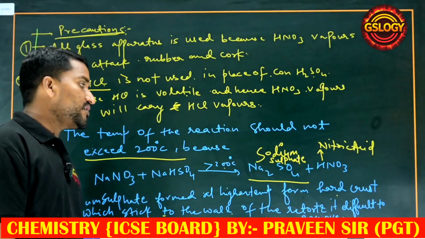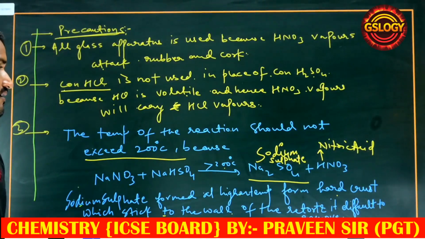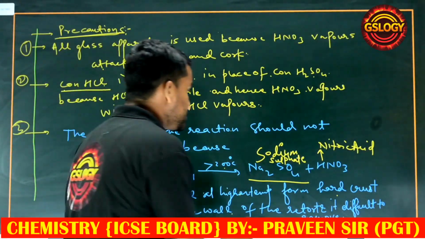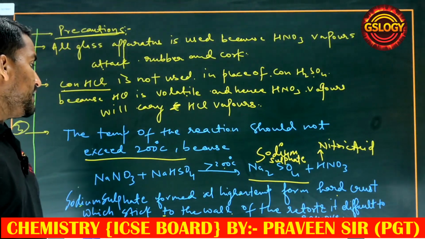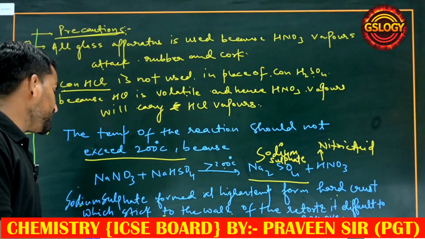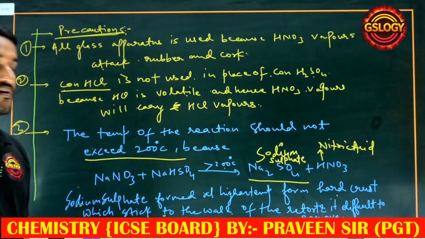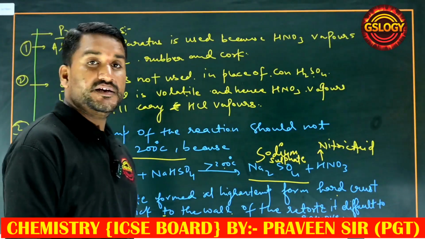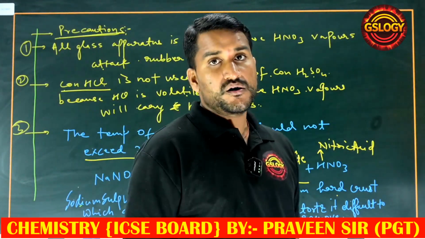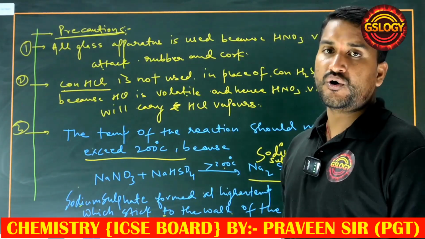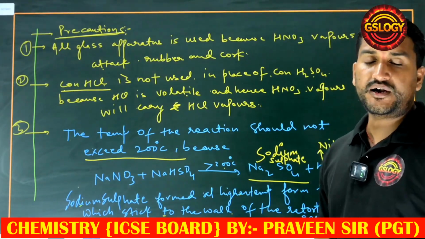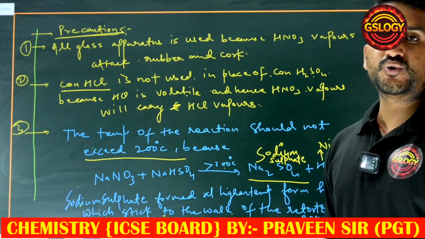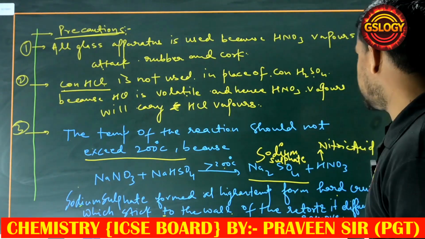Otherwise, at a higher temperature, sodium sulfate will form in this reaction, and this sodium sulfate sticks to the wall of the retort and is difficult to remove. So this reaction always occurs at a lower temperature, less than 200 degrees Celsius.